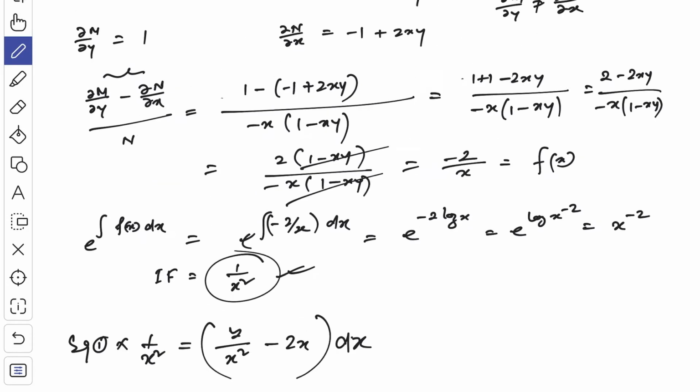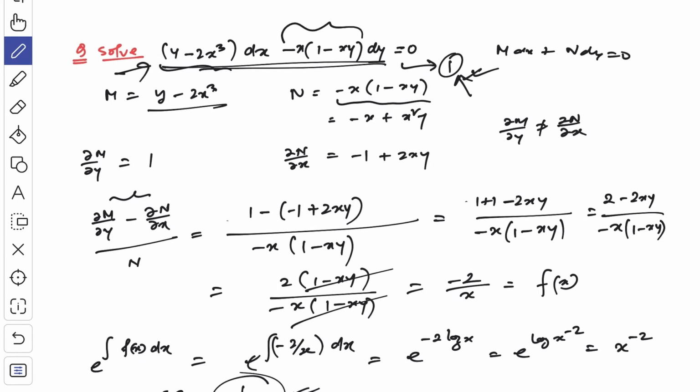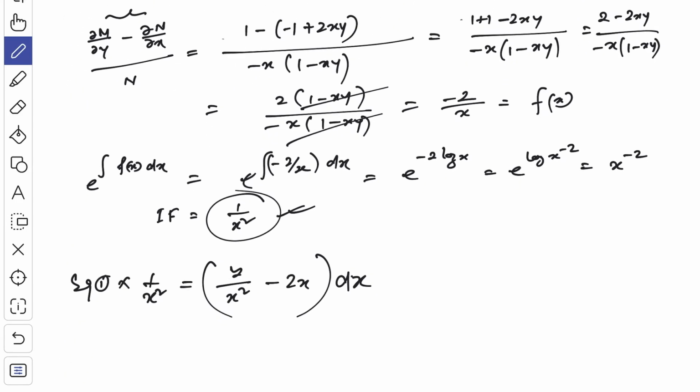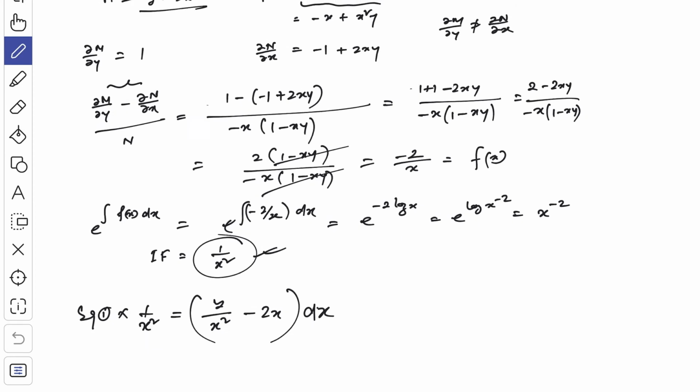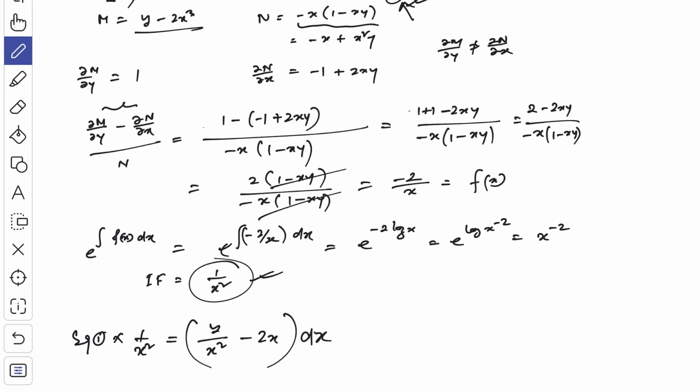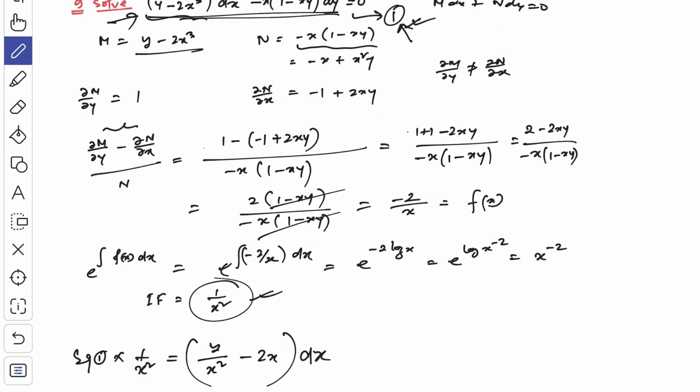Then if you multiply this 1 by x square with this term of equation number 1, then what you will get? So let me minimize this so that you can see both the equation and what am I doing here. Now 1 by x into 1 minus xy dy is equal to 0. 0 into anything is 0. So that's what we have got.